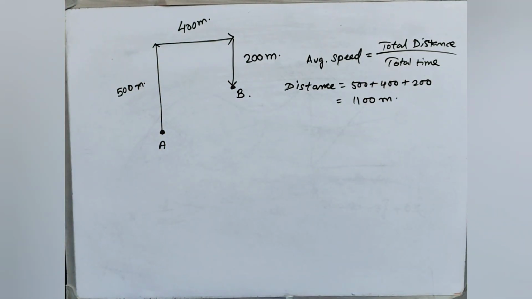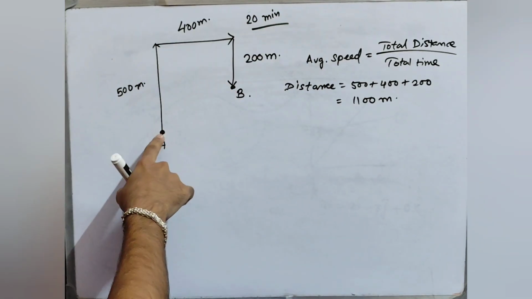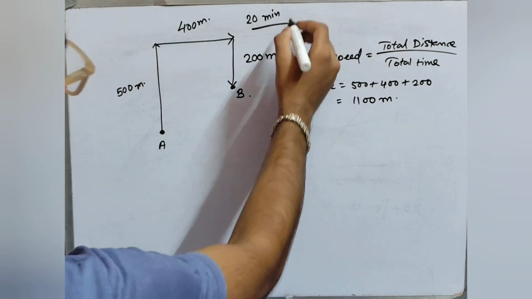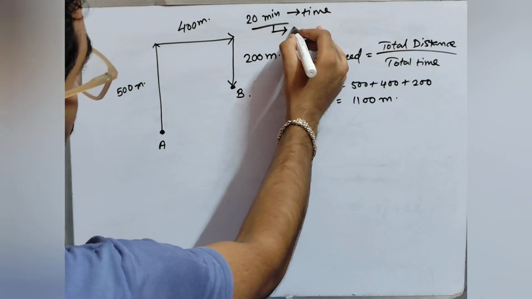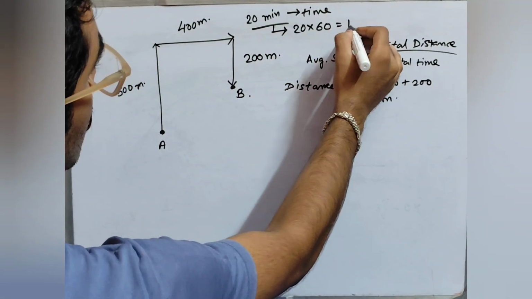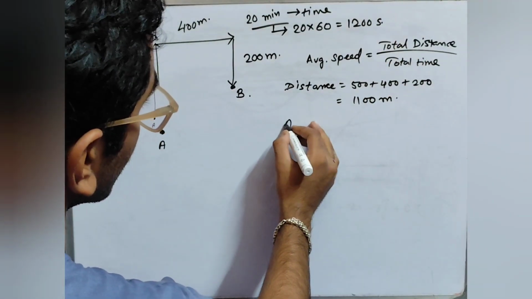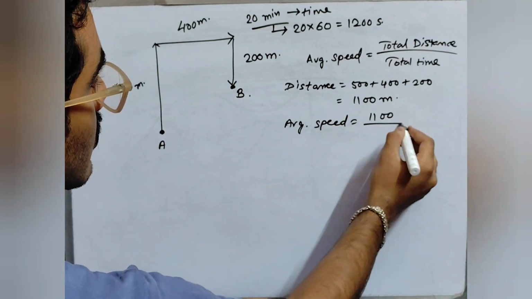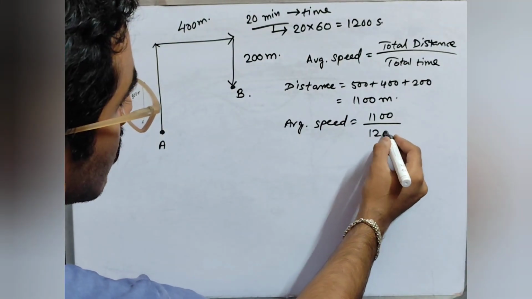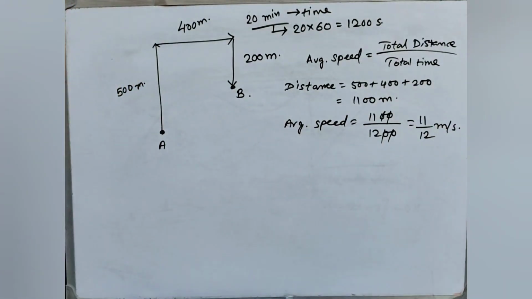So it is 1100 meters, and the farmer takes 20 minutes to reach from A to B. This is the time. You have to convert it into seconds, so it will be 20 into 60, 1200 seconds. So the average speed is equal to total distance 1100 meters divided by 1200 seconds. The zeros cancel, so it is 11 by 12 meter per second. This is the average speed.